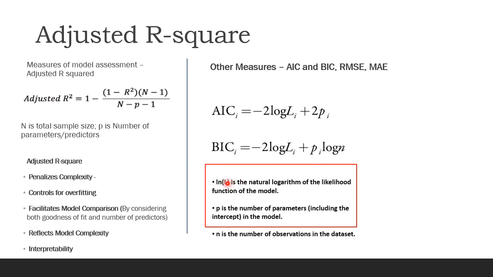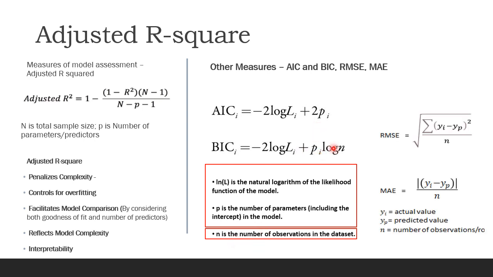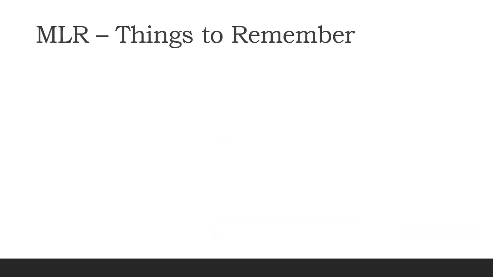So p is used in the Akaike Information Criterion or AIC, and this one, n, gets included in BIC. These are other measures which are also used but are less often used in the industry. Adjusted R square, AIC, BIC are more used in the industry.